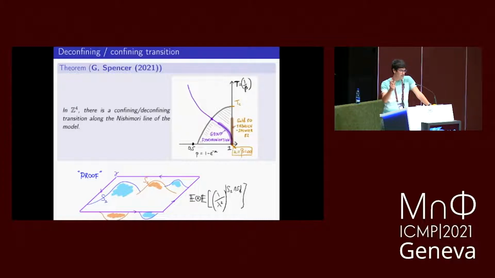So you don't have the analog of what you do with the spin system, where you can integrate over a path. Here you cannot go to the surfaces, and it's only in the abelian case that you can still express things with surfaces, which are the generalization of those paths. And it's for good reasons, because if we were to prove this in the non-abelian case, it would prove with the same technique that you would have a deconfining phase for those non-abelian gauge groups, and this is conjectured not to hold. So there are very good reasons why there is no hope to go to the non-abelian case with this technique.